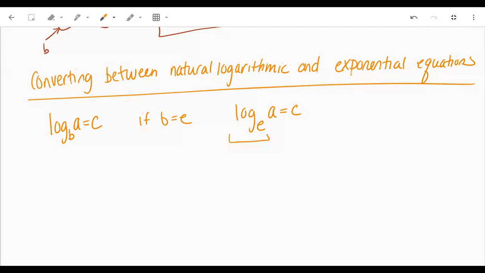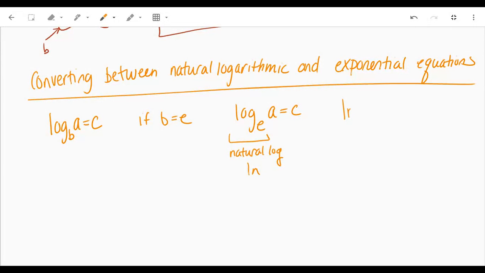Log base e is what we call the natural log, which is ln. It's actually French, logarithmic natural or something like that. Some kids wonder why it's not NL for natural log, because it's not an English term.